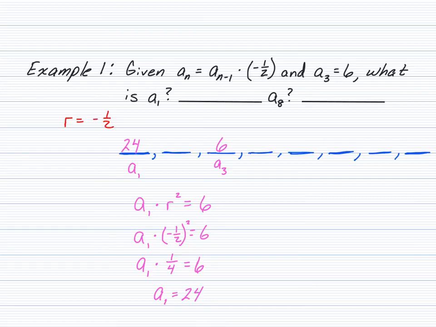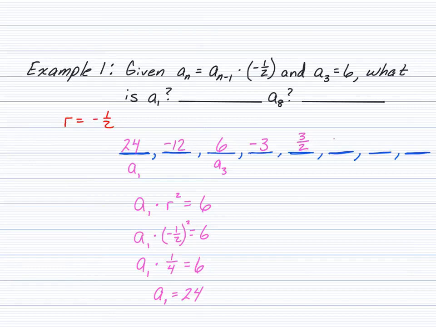All right, so from here, let's go ahead and do some multiplication to find the value of each term. So if you multiply the first term times r, that will give us the next term. All right, so 24 times negative 1/2 is going to give us negative 12. Negative 12 times negative 1/2 is 6. 6 times negative 1/2 is negative 3. Times negative 1/2 is positive 3/2.